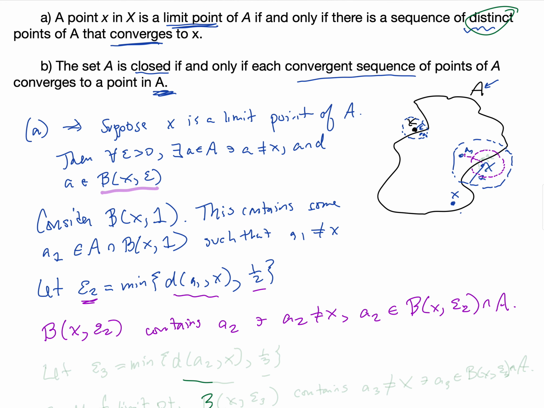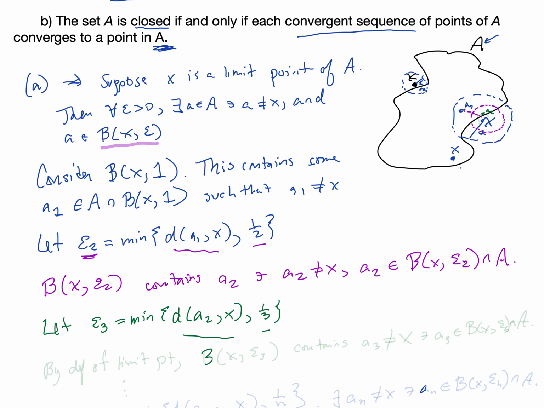Let's just do one more step of this. Now let's let epsilon 3 be the minimum of the distance between A2 and X and 1/3. So we're going to draw our A2 somewhere. If this is the minimum between the distance between A2 and X and 1/3, then it looks like the distance between X and A2 would be smaller in this case. So that's going to be our epsilon 3, that distance.